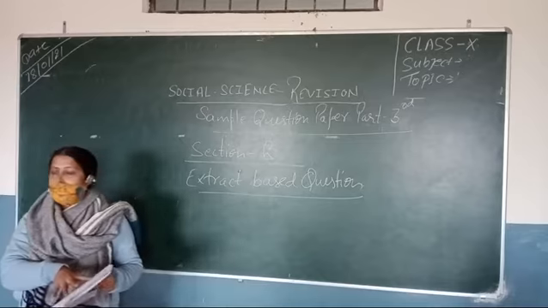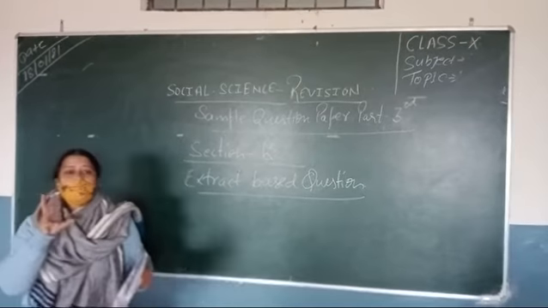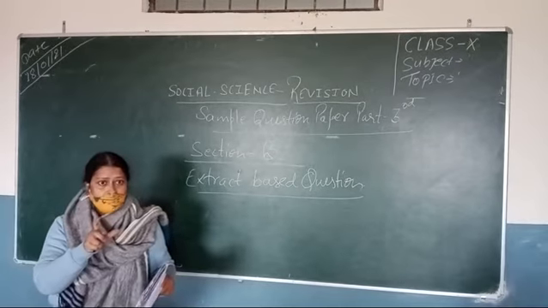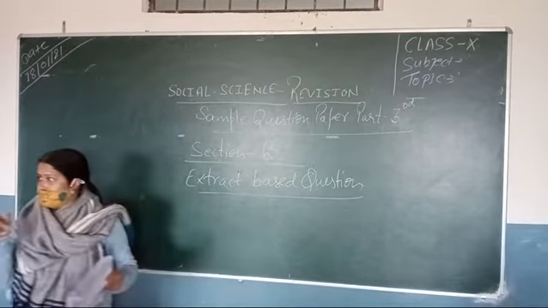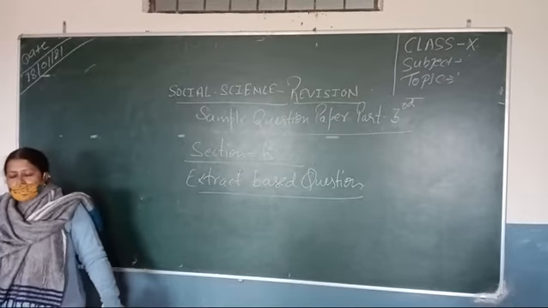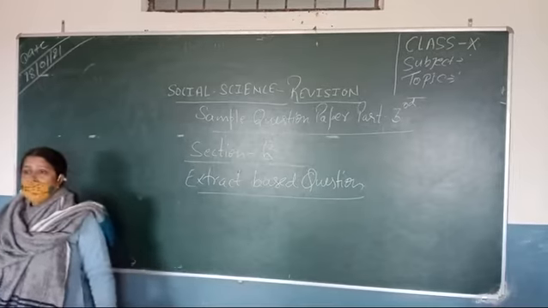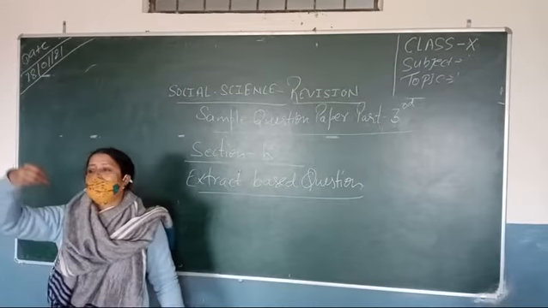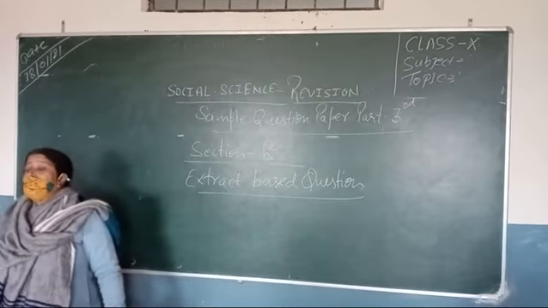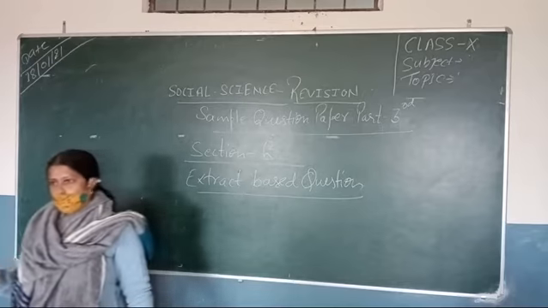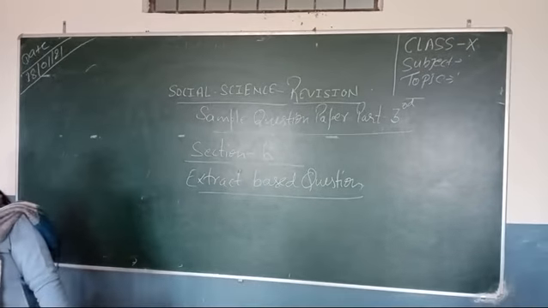No, maybe they do not have the exact answer to the questions. Getting my point? So first of all, you have to read all the extracts in section B very carefully. Then make a sketch in your brain of which chapter it belongs to and what the chapter is all about, and then you have to read the question, and then with the exact numbering of the question, you have to write down the answer.